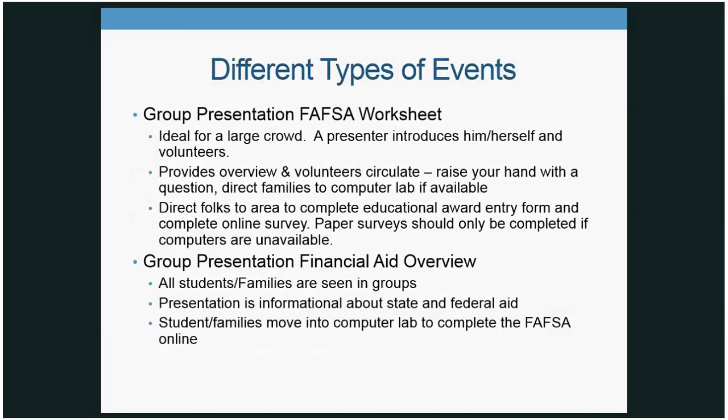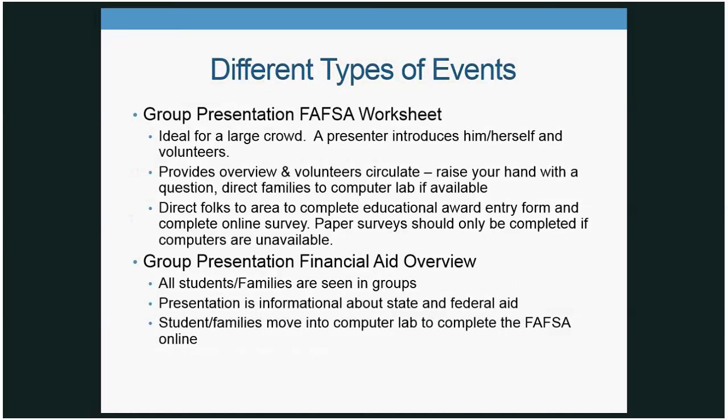Parents and students come to that, and then from there they go into an area where you have computers and they're able to work through the process. So you can pick and choose. You can say, I'm going to do a FAFSA presentation, and then we're going to have work time. Or you can say, we're just going to have work time.